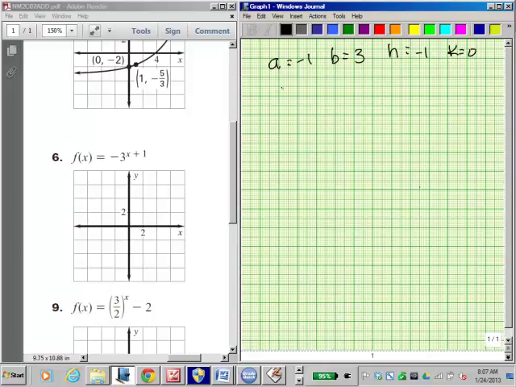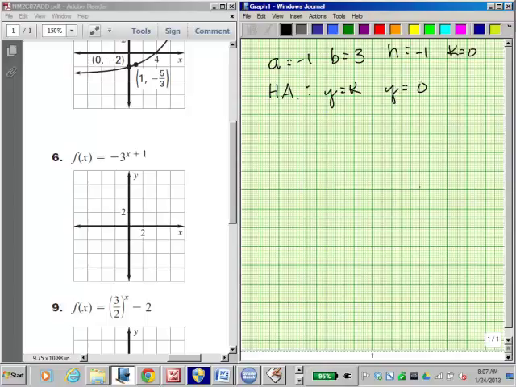Now we are going to have a horizontal asymptote, henceforth symbolized by HA, of y equals k. In this case, it will be y equals 0. Okay? And so as we do the graphing, we're going to put this stuff on here.